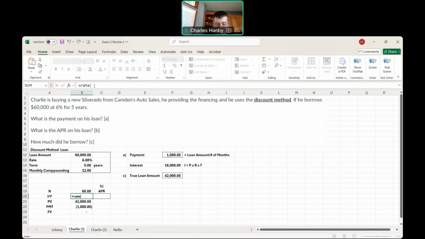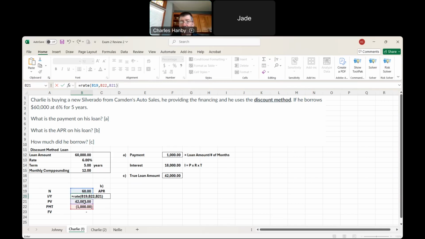Go up to the formula bar: number of periods, comma, payment, comma, PV, and then I don't have to enter the future value. So the rate is 1.25%. So that's a monthly rate. So we multiply that by 12, and we get 15.04% for the rate.